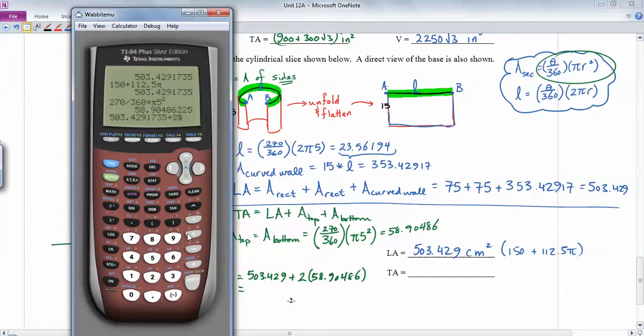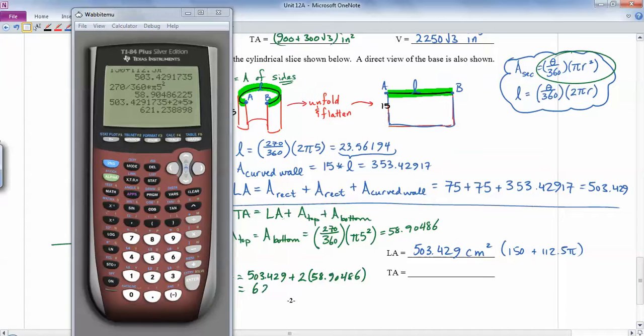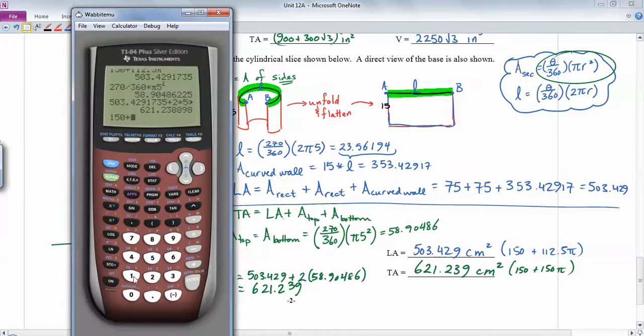We get 621.239. And since it's an area, it's also centimeters squared. In exact form, it's 150 plus 150 pi. And we can check that just to make sure.